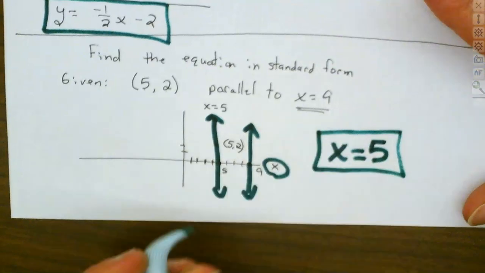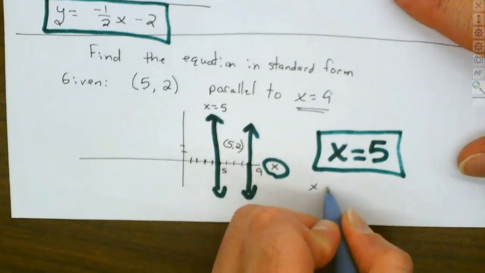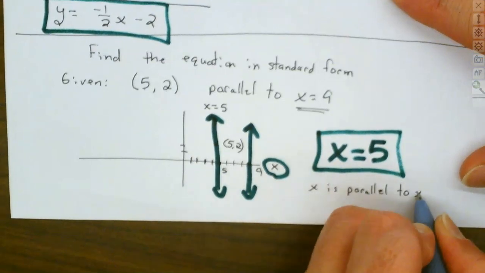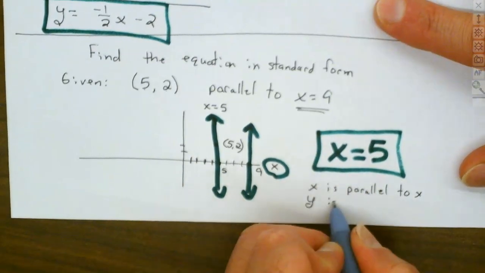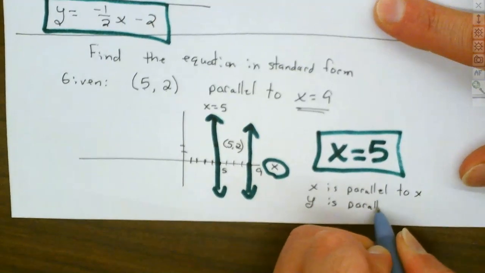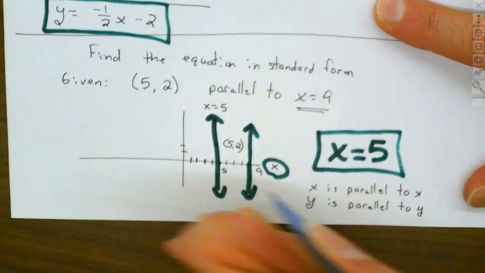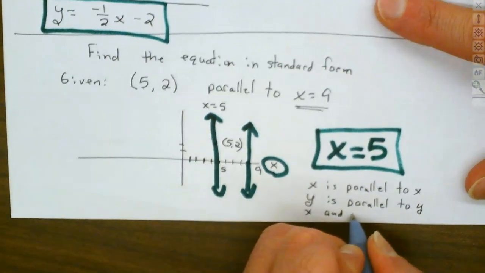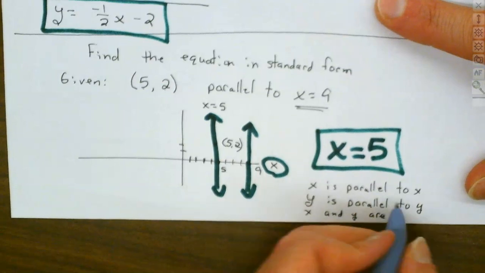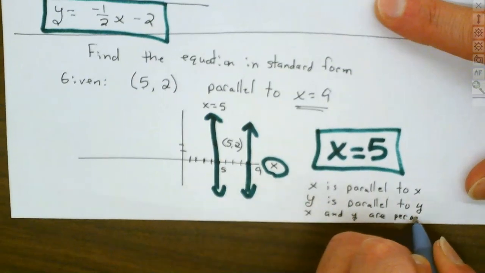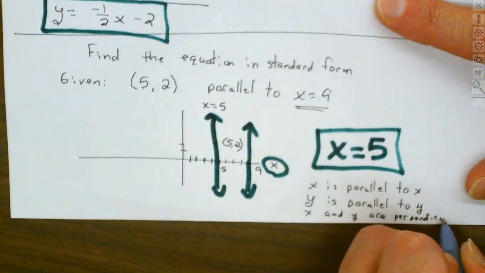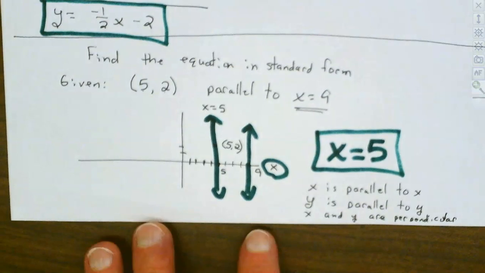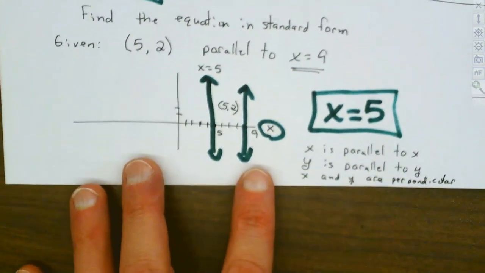X is parallel to x. Y is parallel to y. And x and y are perpendicular to each other.